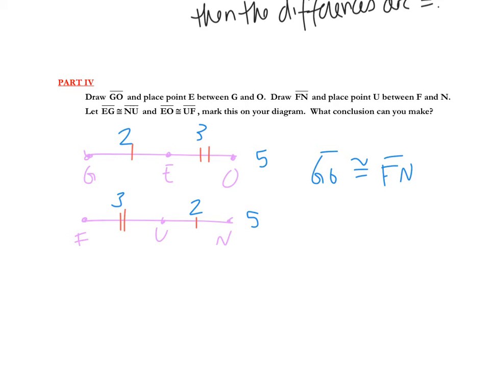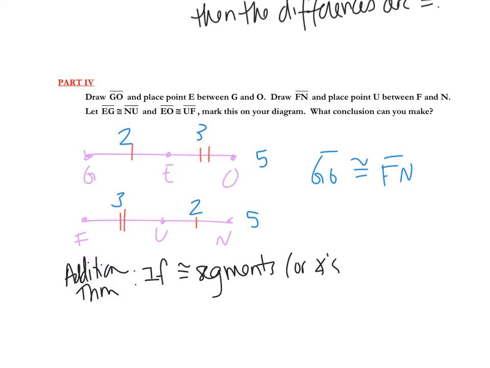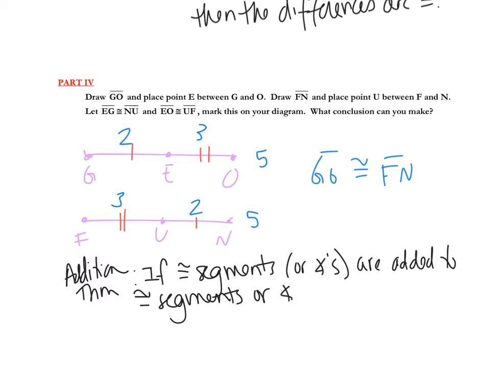which basically states if you take congruent segments and add congruent segments, then their sums are going to be congruent. So if congruent segments or angles are added to congruent segments or angles, then the sums are congruent.